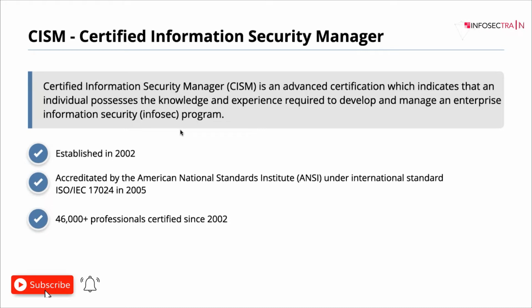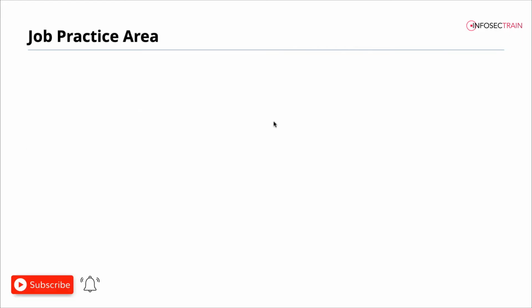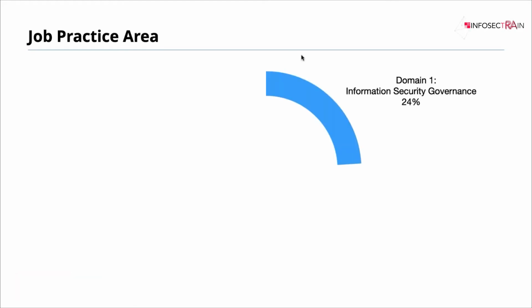So that's the brief about CISM, and we'll get into more about it. If you are somebody who manages information security in an organization, you'd be the right person to possess this knowledge and experience to manage an information security program within the organization. Job practice areas are like the syllabus, and there are 4 domains.